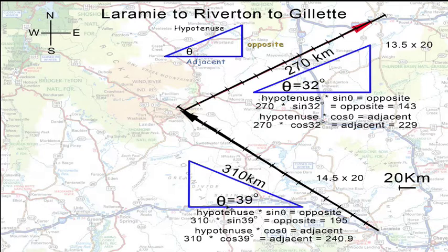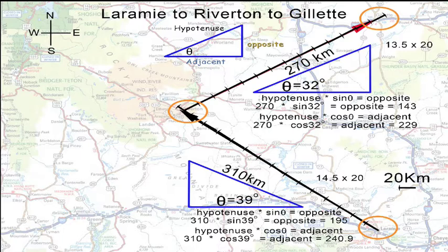This is going to be a negative 240 going this direction. This will be a positive 195 going this direction. I put a little circle around Laramie down here, Riverton right there, and Gillette right there, just so you can identify them. We are doing this Laramie, Riverton to Gillette.